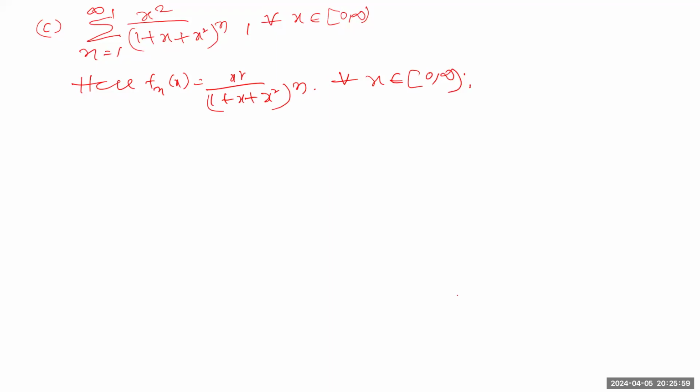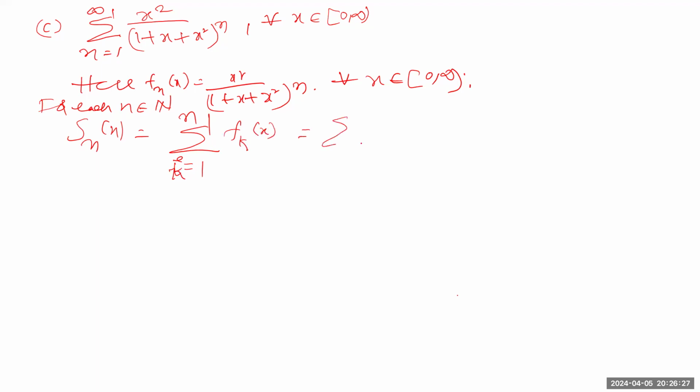So now I am going to construct a partial sum. For each n belongs to natural numbers, Sn of x is equal to the summation from k equals 1 to n of fk of x.